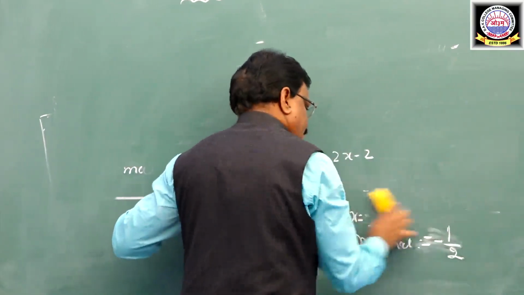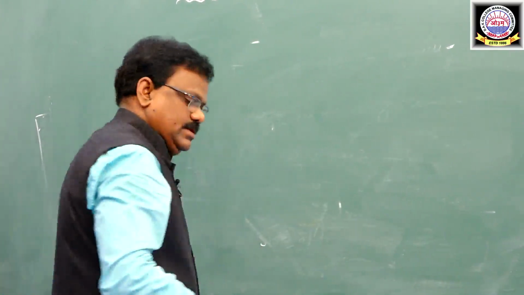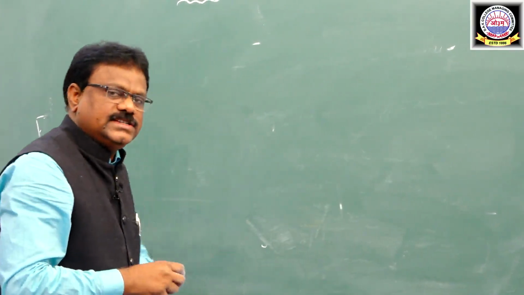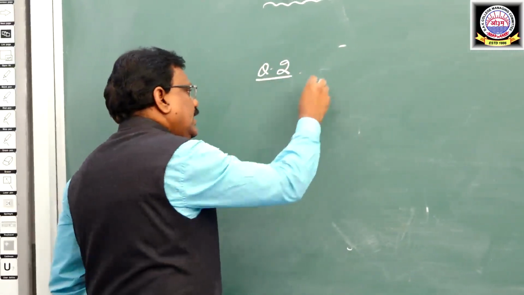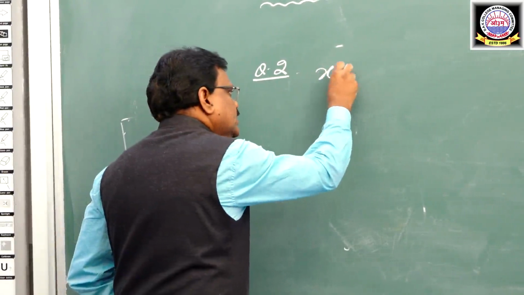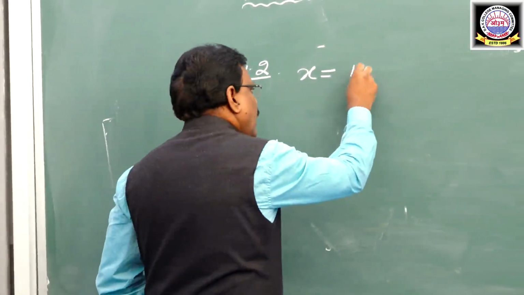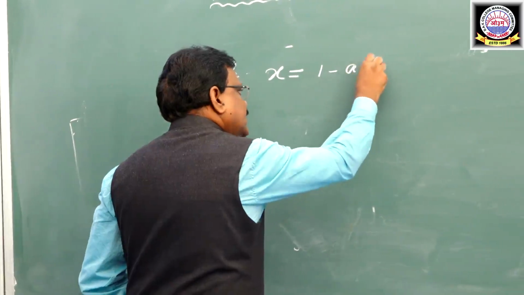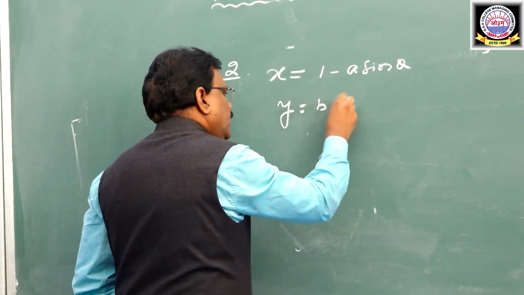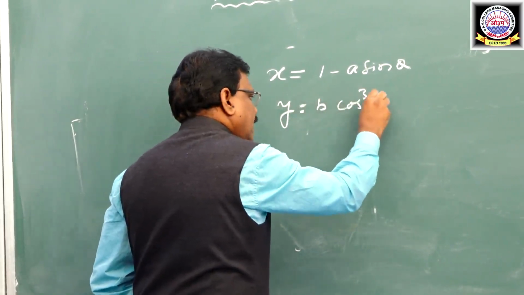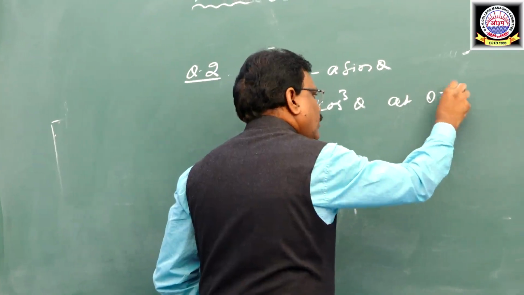The similar type of question, that is the slope of the tangent and normal, and only I am changing the equation of the function: x is equal to 1 minus a sin theta and y is equal to b cos cube theta at theta is equal to pi by 2.